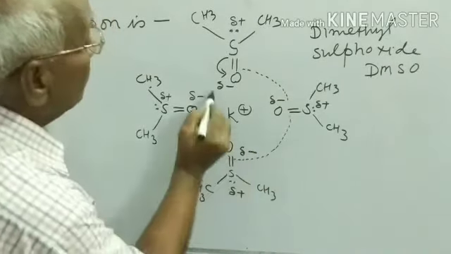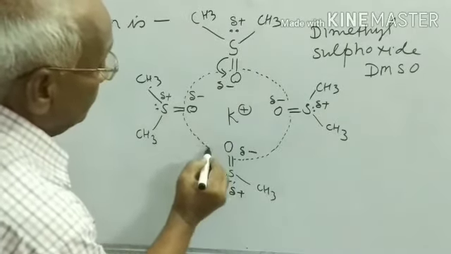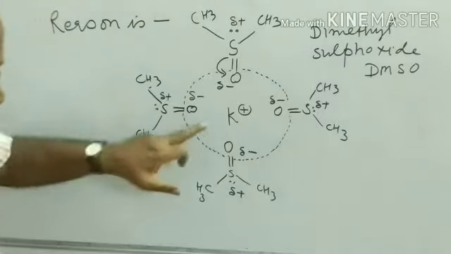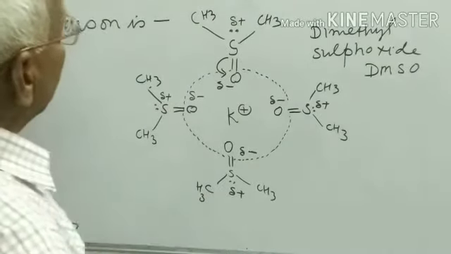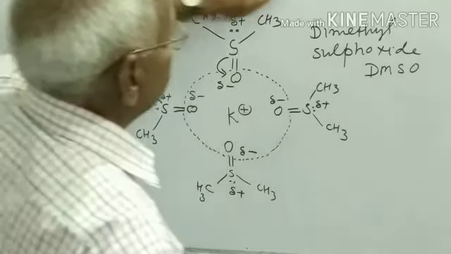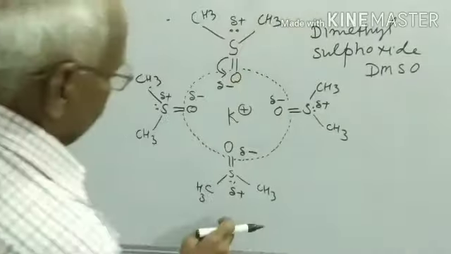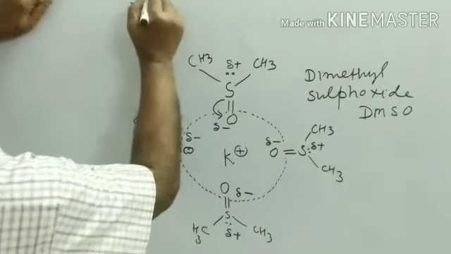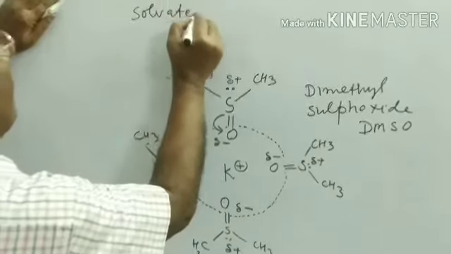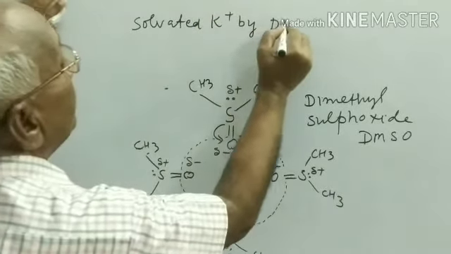It is a beautiful representation for knowing the students how potassium ion is solvated. So, you can write here, potassium ion is solvated by DMSO.